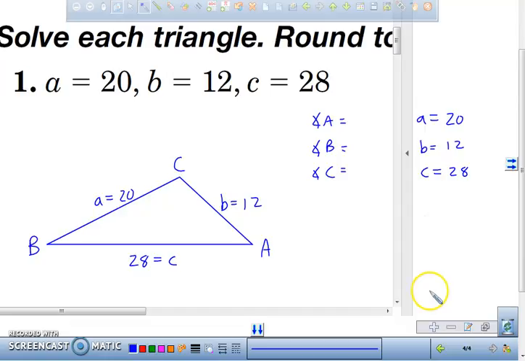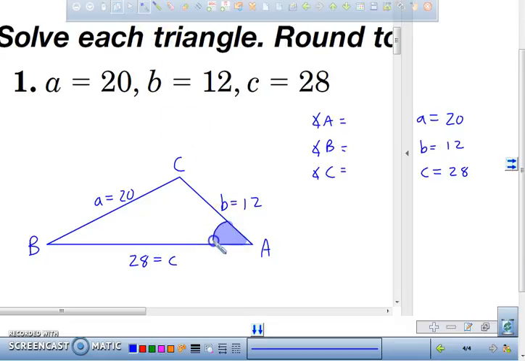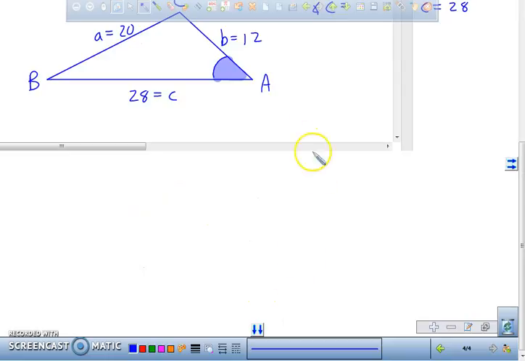Now, we are going to start this problem by finding the measure of angle A. I'm going to use the law of cosines to find it.